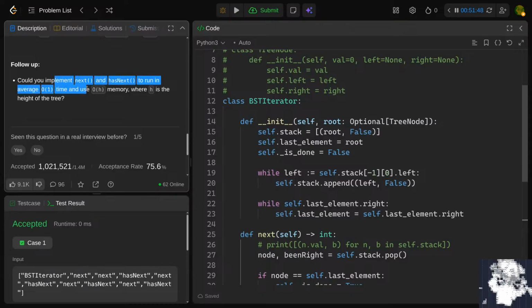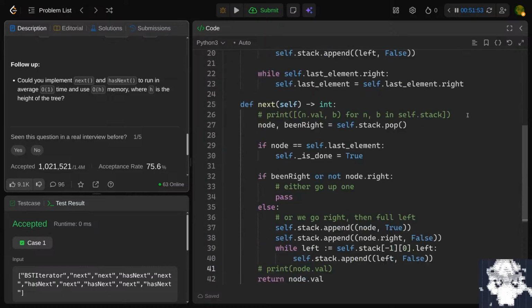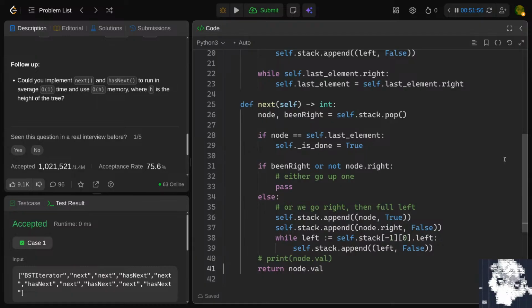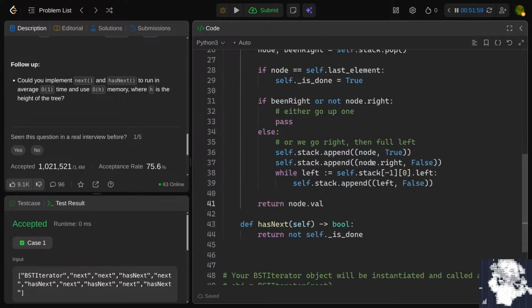Yeah, and it didn't say what the initialization cost should be, so my initialization cost is O of H. Obviously you can replace this if nothing and then else with an if the opposite.